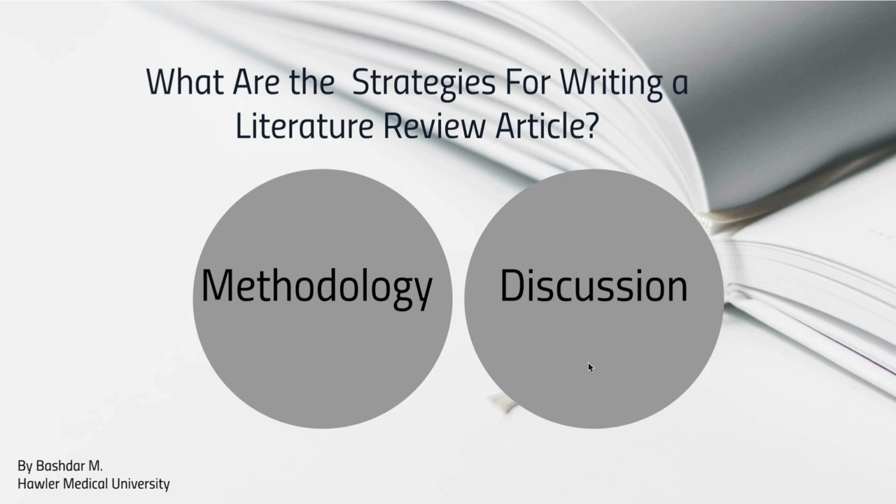So writing the discussion section for a literature review article involves synthesizing and interpreting the main findings from the reviewed literature. Also, try to identify the patterns and offer new insights into the knowledge on your topic. So here's a step-by-step guide to write this section.